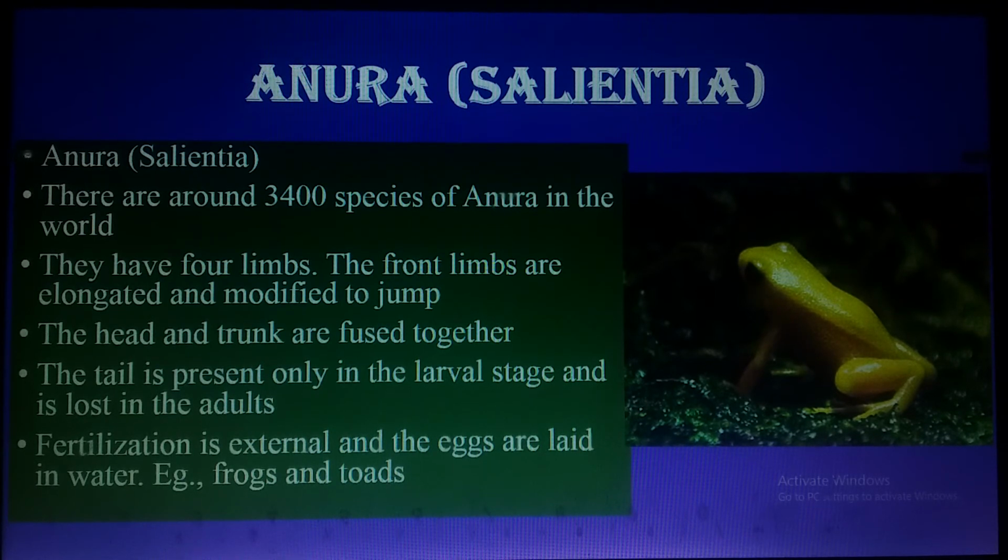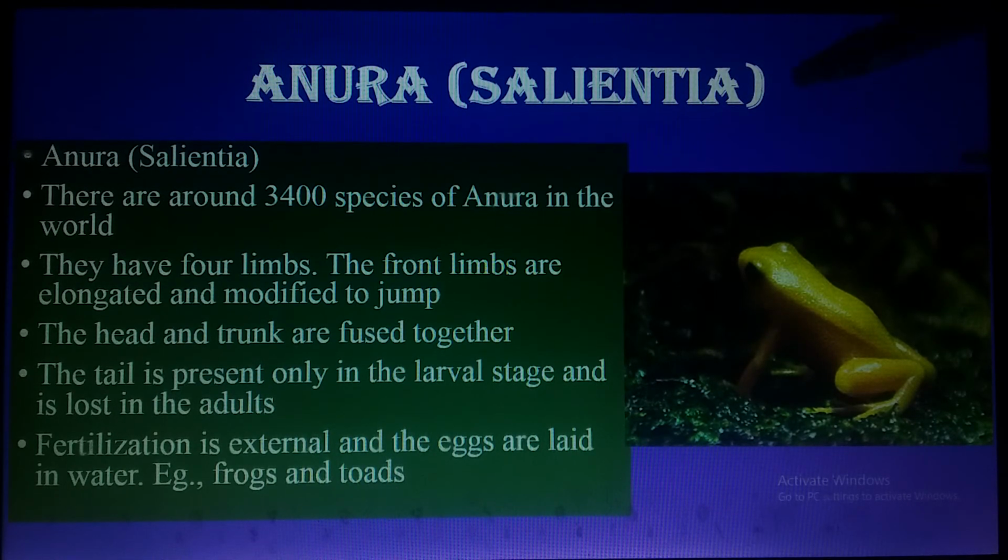So Anura is the frog family, and you people observe frogs anywhere around you, especially in the rainy season. The head and trunk are fused together. You can see here, this is the head portion, this is the trunk portion. Both are fused. There is no neck portion present here.